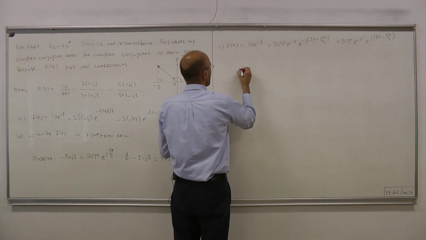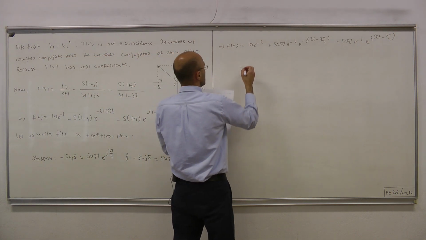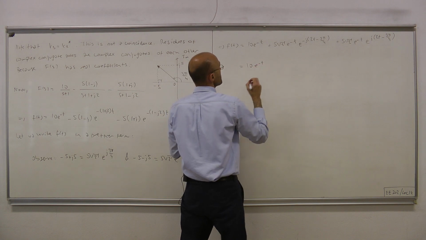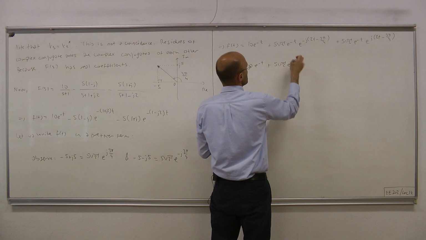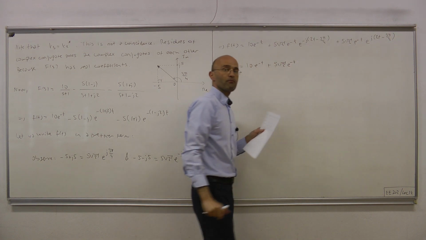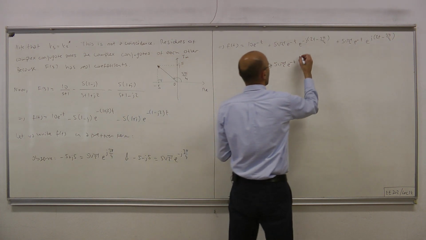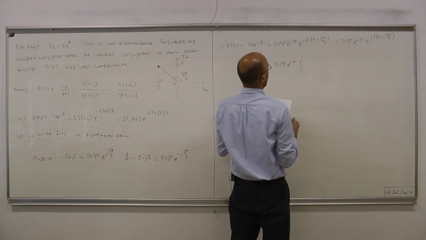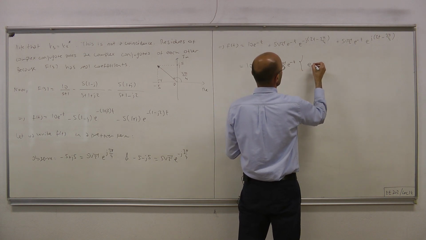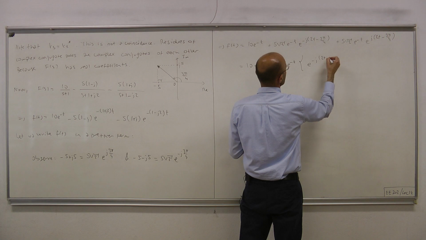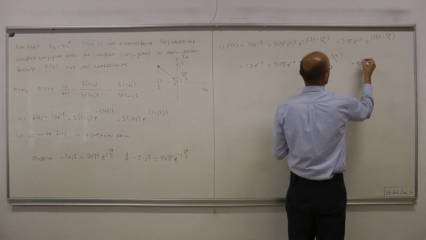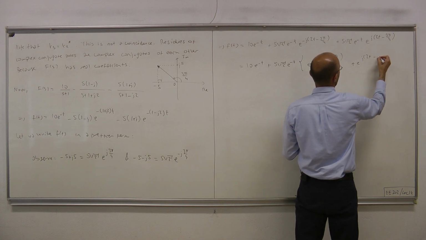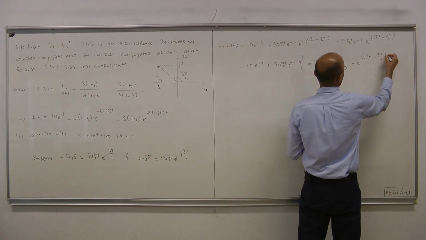Okay, that equals what? 10 e to the minus t plus 5 square root of 2 e to the minus t, and here we have the same term in the next piece, and therefore this is e to the minus j 2t minus 3 pi over 4 plus e to the j 2t minus 3 pi over 4.